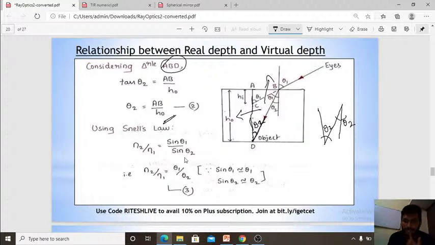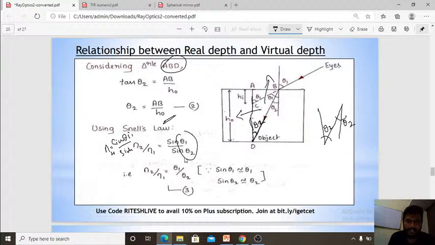Alright, so now what I do is, from Snell's law, anyhow you know, N2 over N1, that is eta, is equal to sin i over sin r, or else that is 2 to 1. So N2 over N1, eta 2 over eta 1, that is sin theta 1 over sin theta 2.